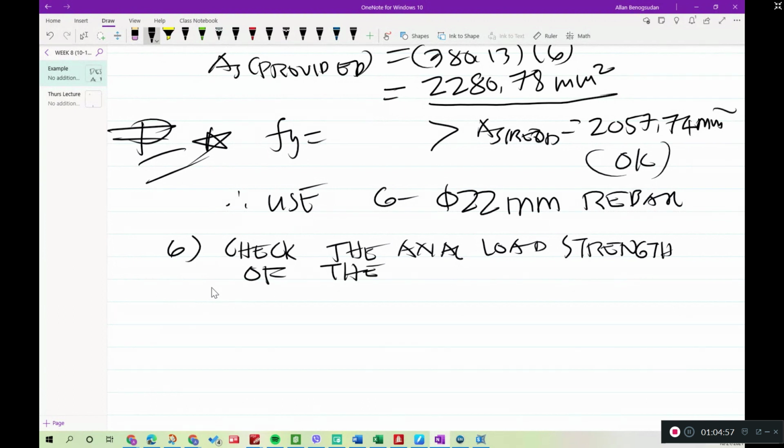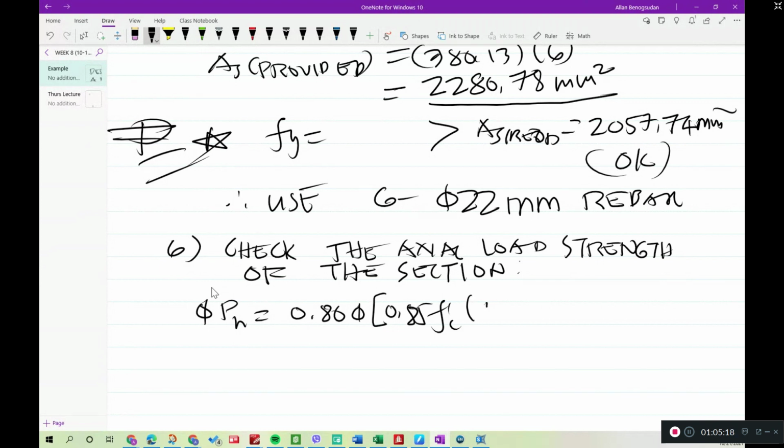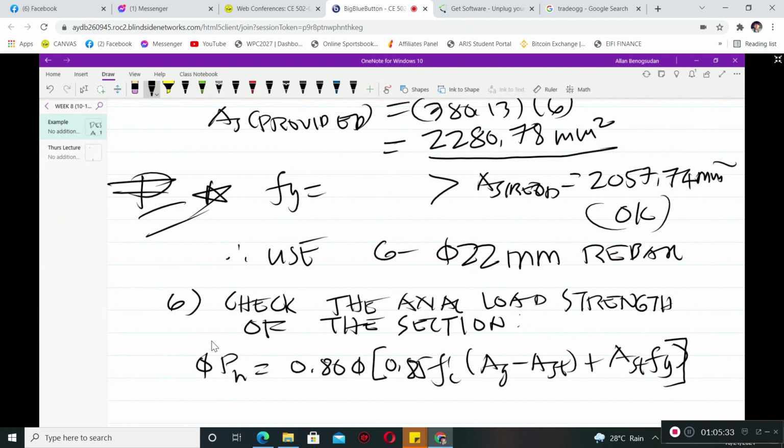You always have to do this, okay? Of this section. You have to practice doing it. So P is equal to 0.80 times phi times 0.85 f'c (Ag minus As) plus As multiplied by fy, the yield stress.